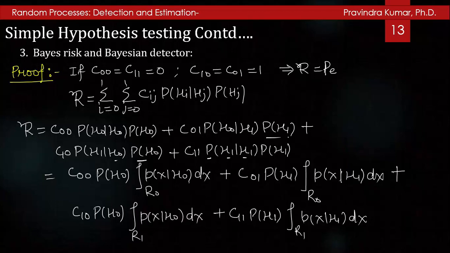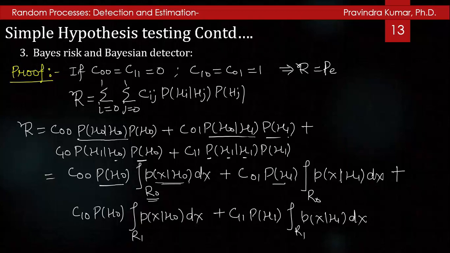So I can write it as C00 and probability of H0, and this probability of H0 when H0 is true means you have to integrate in the region R0, because you have decided H0, and the PDF of x given H0 means the PDF under hypothesis H0. So it will be C00 P(H0) integration over R0 of P(x|H0) dx plus C01 P(H1) and P(H0|H1).